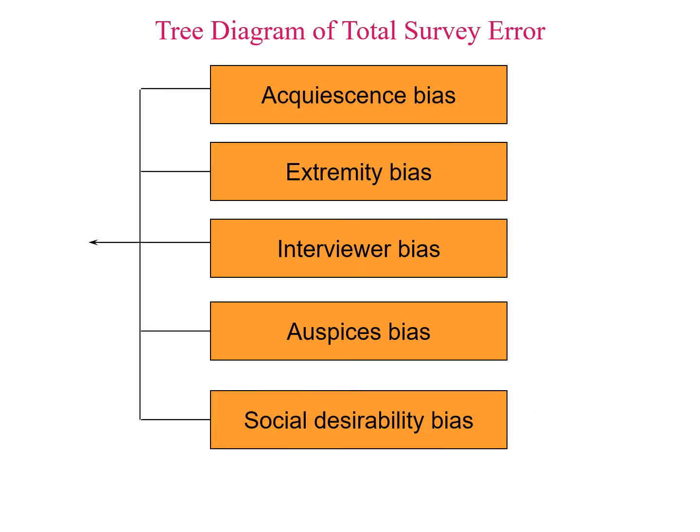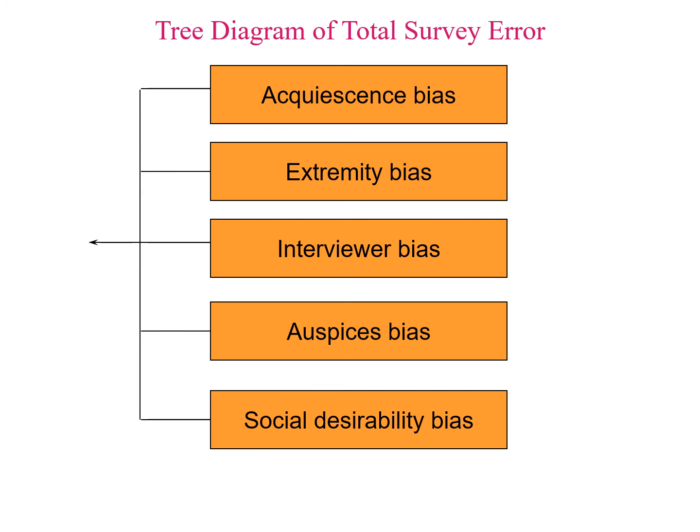The tree diagram tells us about acquiescence bias, extremity bias, interviewer bias, auspices bias, and social desirability bias. These five types of response bias can be because of deliberate falsification or unconscious misrepresentation.